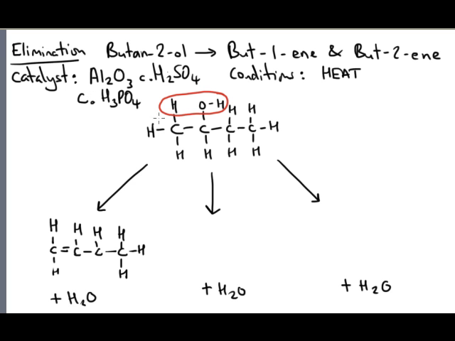Now, when we dehydrate in the other position, you see if I take the green there, I'm removing the H and the OH, but in the middle of the molecule I get two different products. They're both called but-2-ene, however, one will be Z-but-2-ene, and one will be E-but-2-ene.